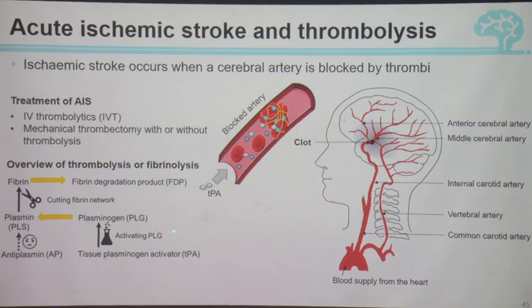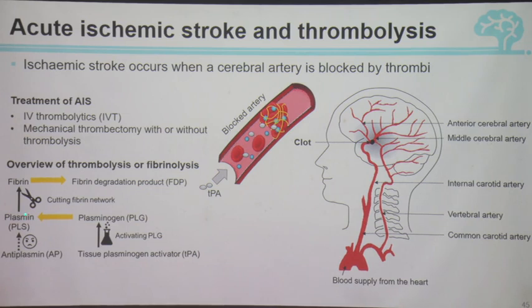TPA acts on plasminogen that is available in the body, in the blood, and it activates plasminogen to produce plasmin. Plasmin then acts on fibrin. When plasmin acts on the fibrin, it can cut the fibrin into small pieces, because fibrin are these insoluble strands, right? Once they are cut into small pieces, they can gradually turn into fibrin degradation products, and so the clot is said to be dissolved.